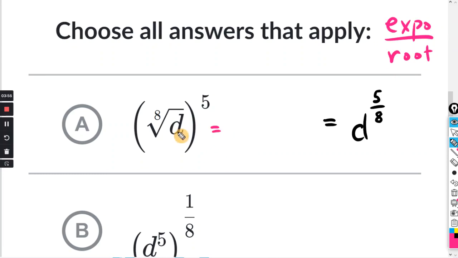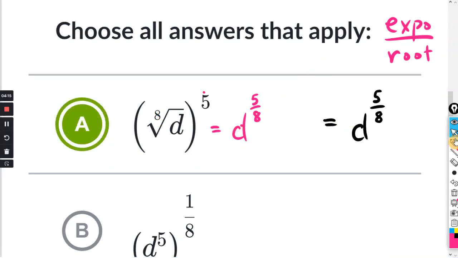So right here we have d, and the numerator is the exponent. We can see the exponent on this is 5. And the denominator is the root. We can see the root is 8. So answer A clearly matches.